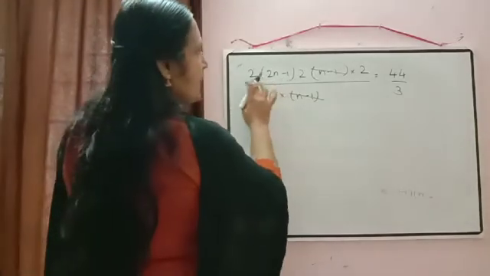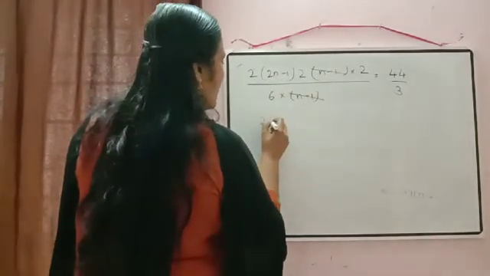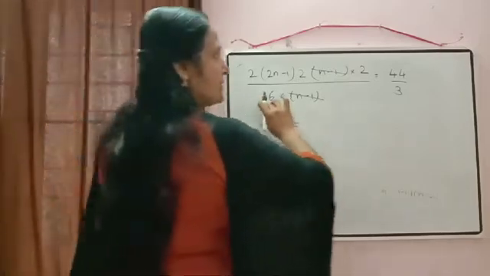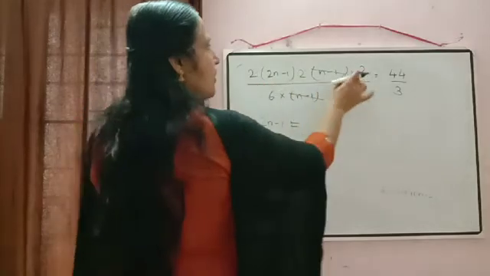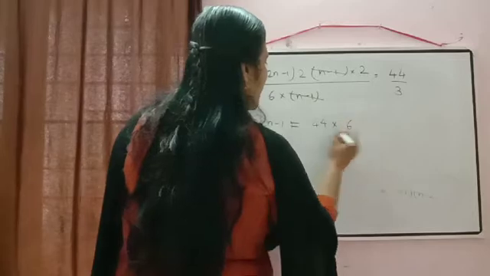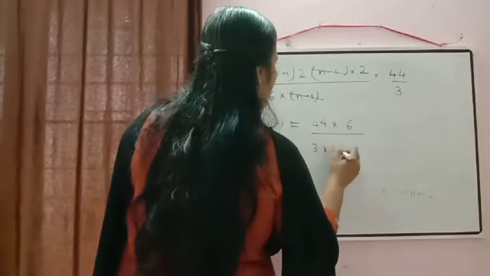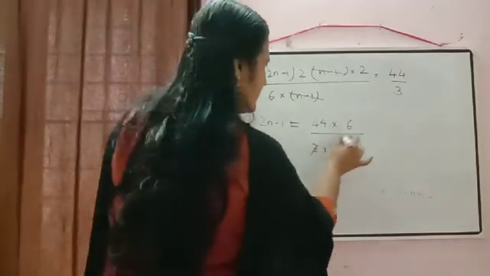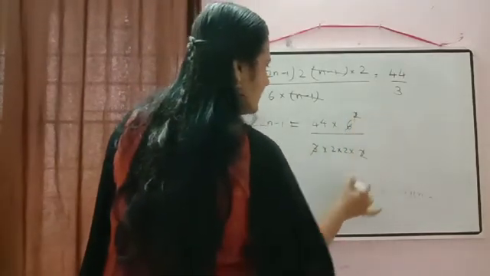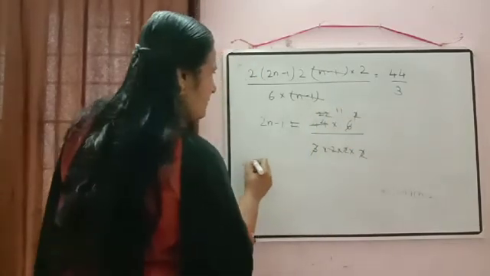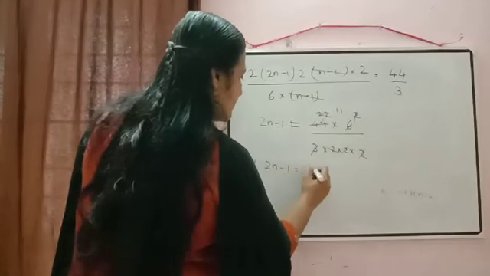Now except 2n minus 1, all the rest of the numbers we can shift to the right hand side. 6 is in the denominator, so it will go to the numerator, and the rest will go to the denominator. So it will be equal to 44 into 6 by 3 into 2 into 2 into 2. Now we can cancel the terms here. 3 2s are 6. 2 and 2 will get cancelled. 2 2s are 4, then again here it will be 2n minus 1 is equal to 11.